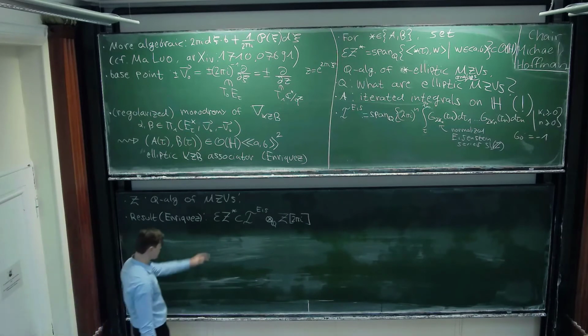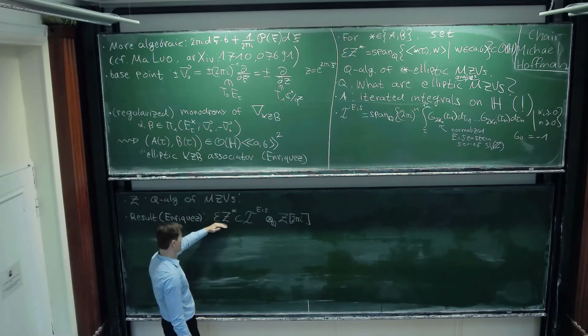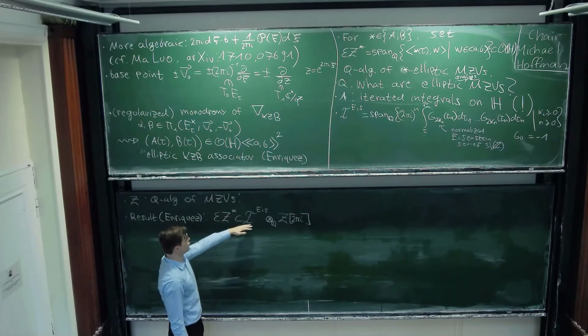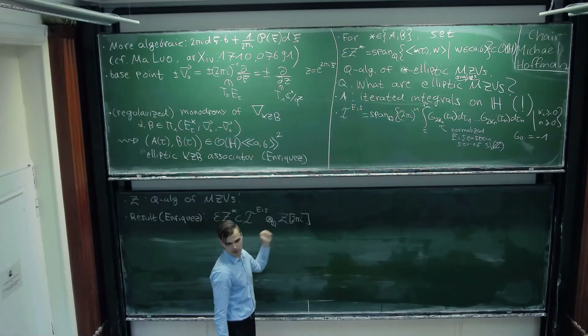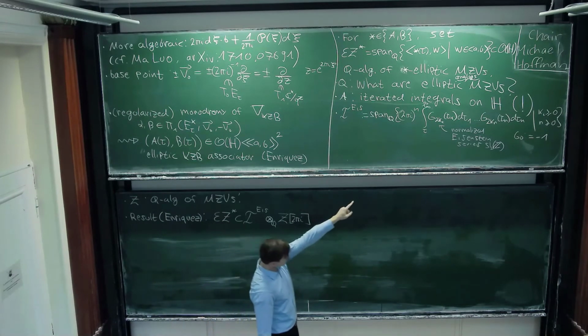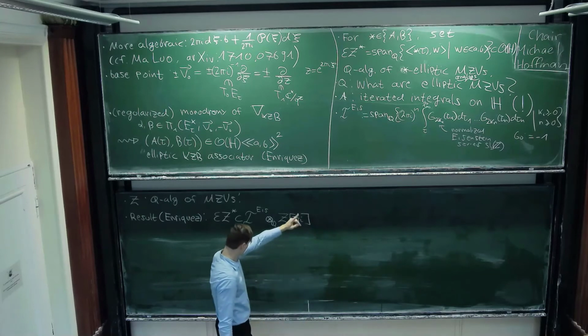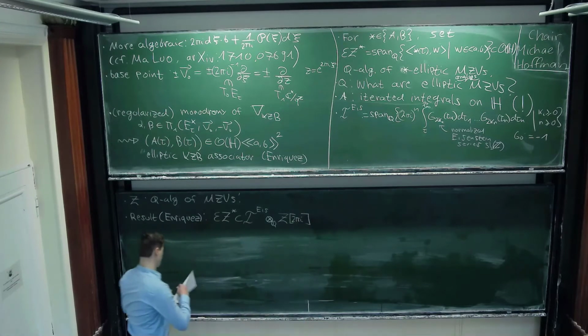So really elliptic multiple zeta values are on the nose linear combinations of iterated integrals of Eisenstein series, viewed as functions of the start point tau, with coefficients multiple zeta values.